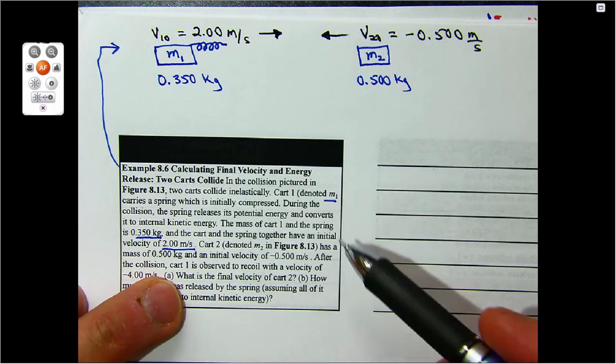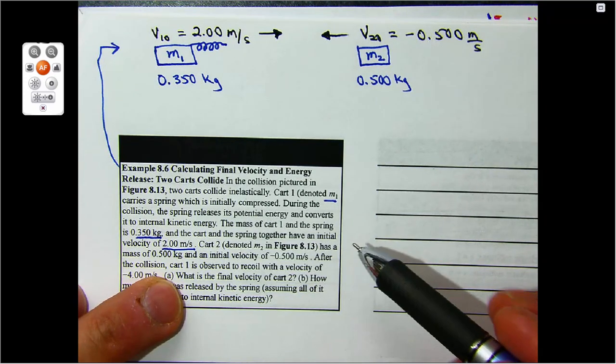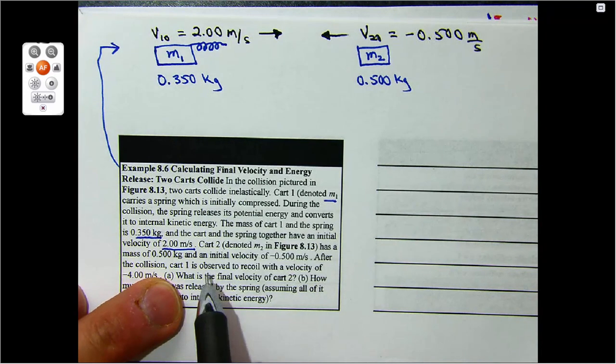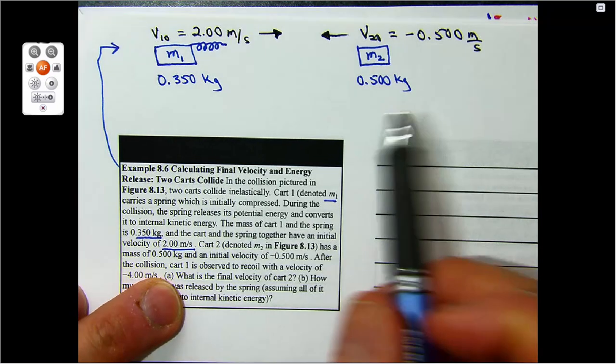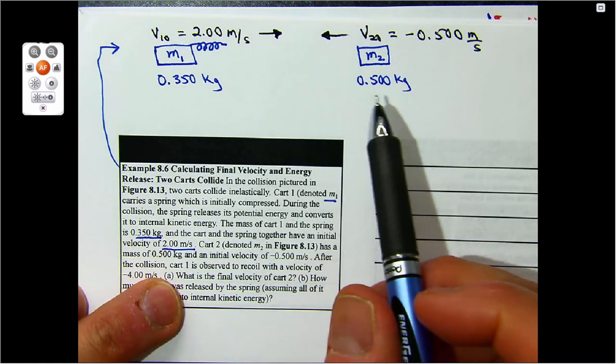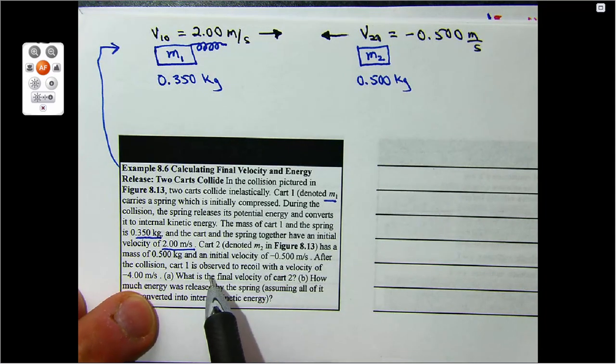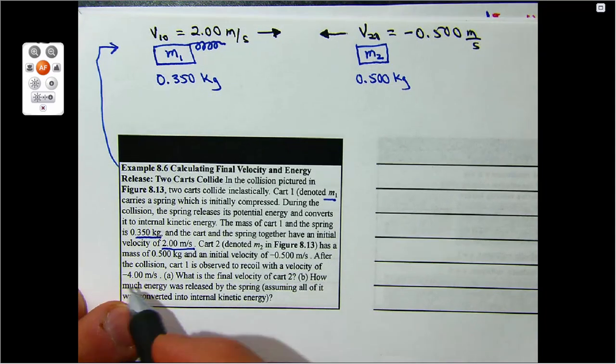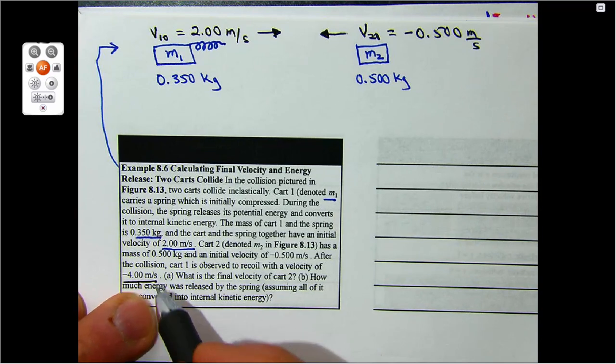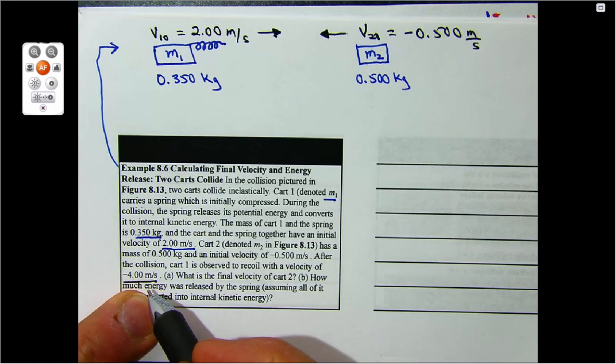After the collision, do we have this drawing? We're good so far? Yeah. After the collision, cart 1 is observed to recoil with a velocity of negative 4. What sign do I use for this after the collision? This is V1 prime, right?